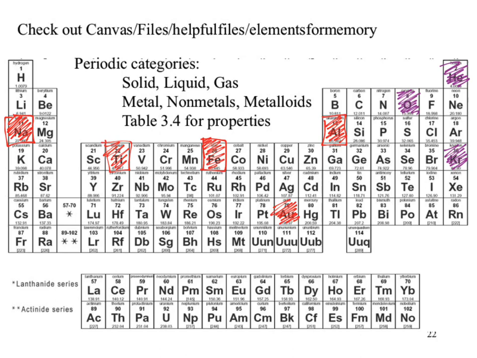Where are the metals? Where are the nonmetals? The nonmetals are all located on the right-hand side. We also have this weird one, hydrogen, floating up there as a nonmetal.